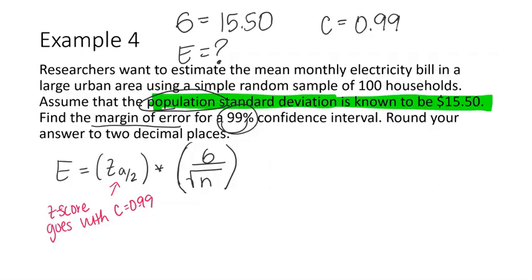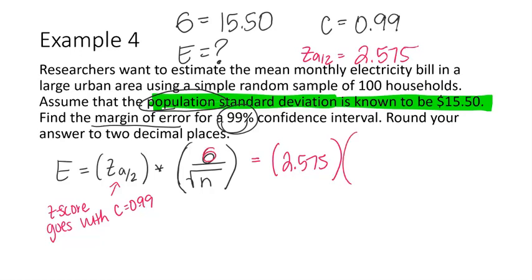So I'm going to use z to be 2.575 based off of that critical value chart. So my margin of error would be that z-score times, on top is my sigma. My population standard deviation is 1550 over the square root of n. Remember that n goes with my sample size.